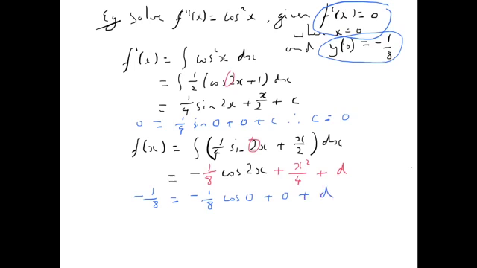Okay, and of course that means that d is 0 because cos 0 is 1, so d is negative 1/8 plus an eighth, so we get d is 0. And so the final solution is y equals negative 1/8 cos 2x plus x²/4.